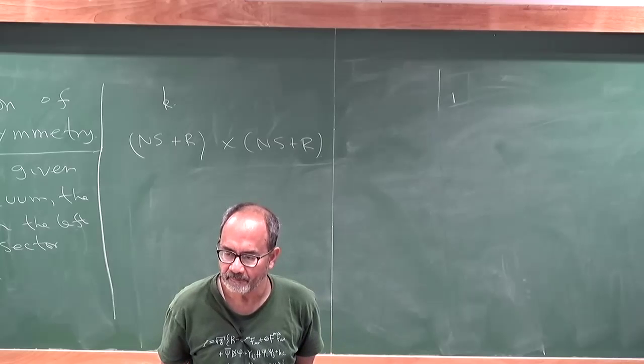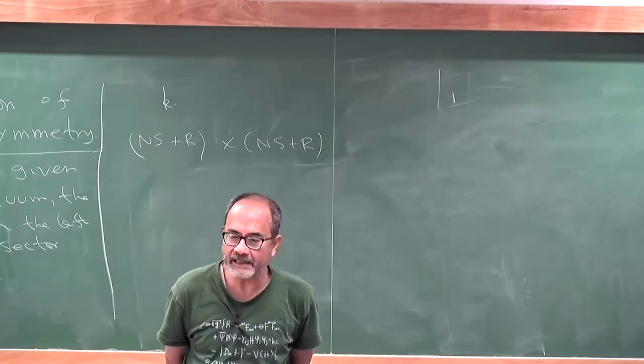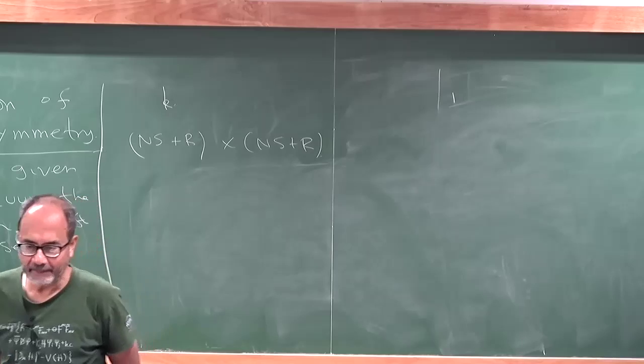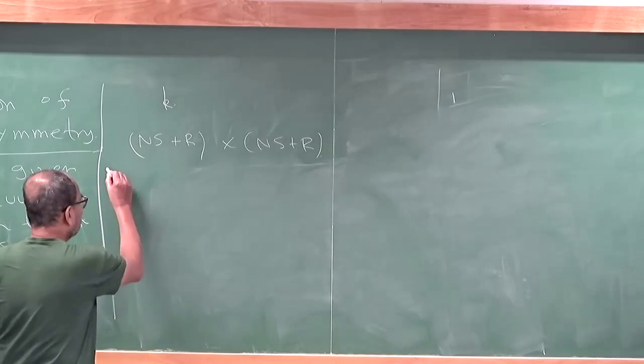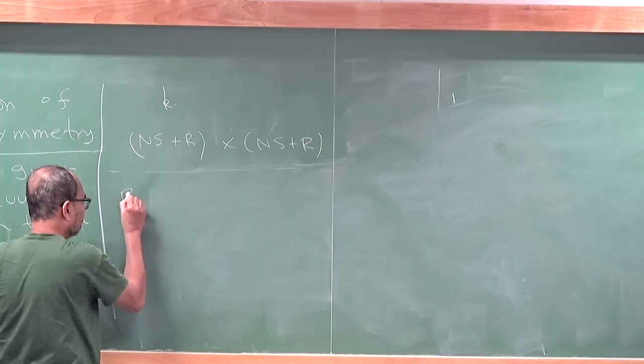The physical conditions include level matching. Recall, where does the level matching come from? The level matching comes because we have the left and right sectors.